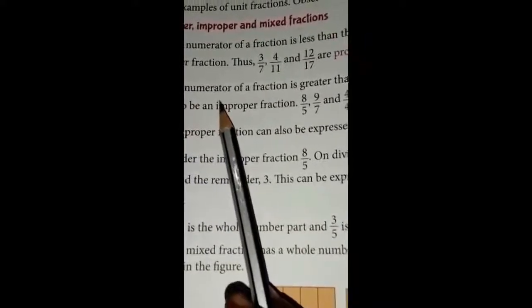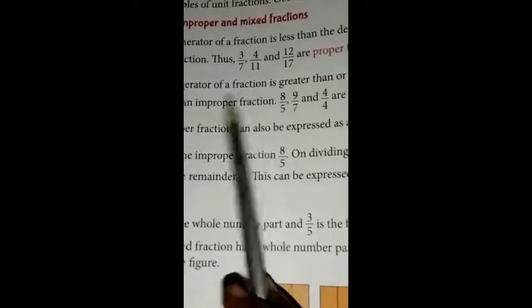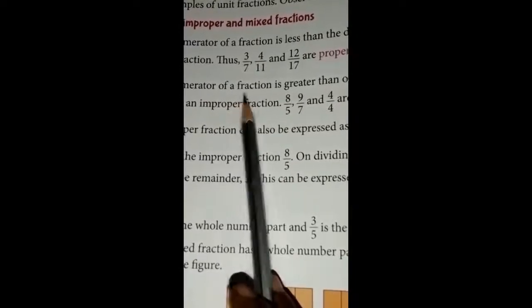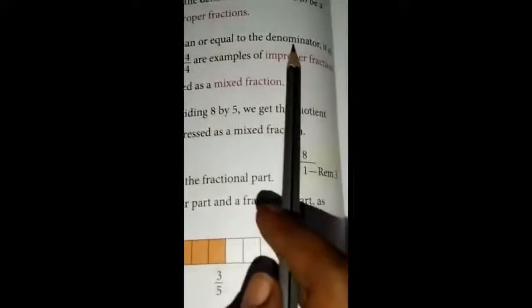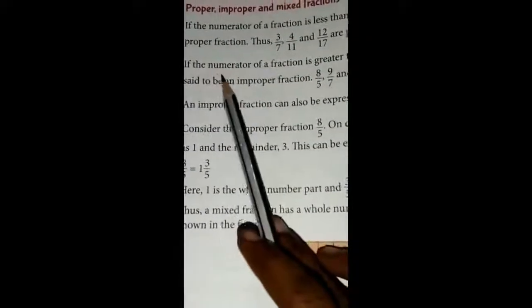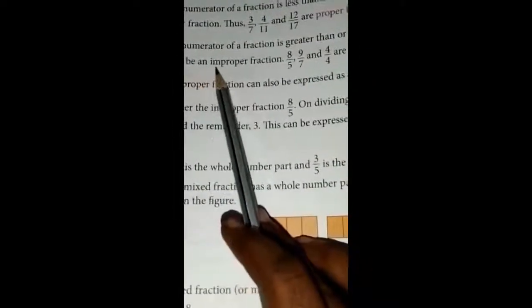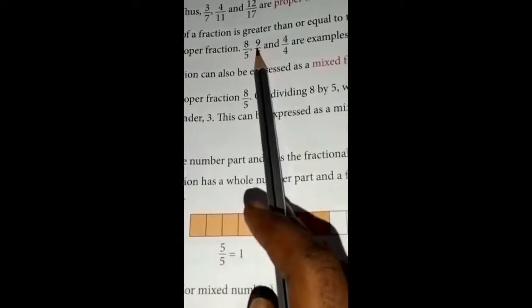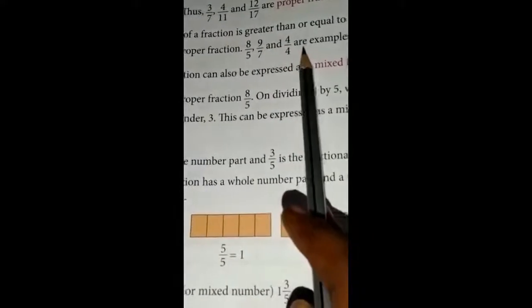If the numerator of a fraction is greater than or equal to the denominator, it is said to be an improper fraction. 8 by 5, 9 by 7 and 4 by 4 are examples of improper fractions.